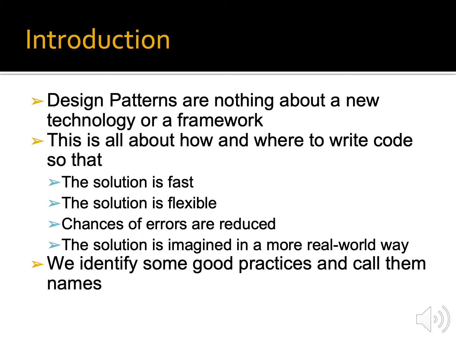Because mostly a developer just writes the code so quickly without even thinking whether it's flexible in future or not, so that whenever a new change comes they have to change and rewrite everything from the start, which takes much time, and sometimes regression issues come, and the developer mostly gets tired of testing again and again. So your solution should be very modular, and it should be very flexible. It should adapt to changes very efficiently.